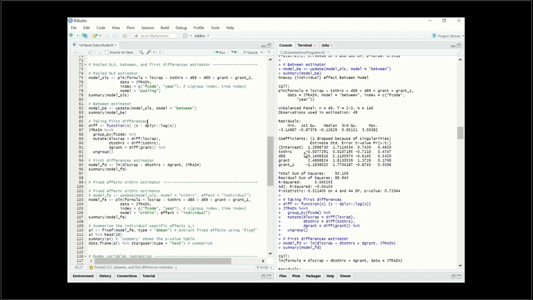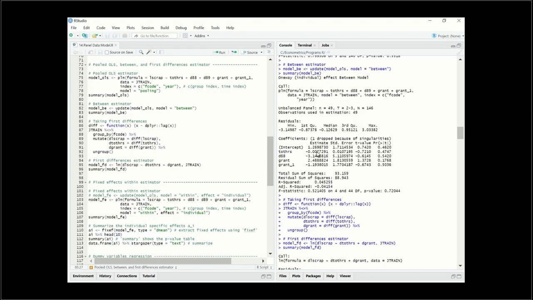If we look at this coefficient on total hours, it's again not significant. But basically how we would interpret it is that for each additional 1 hour increase in total hours, we would be seeing a drop of 0.7% in log scrap rates from one firm to the next.